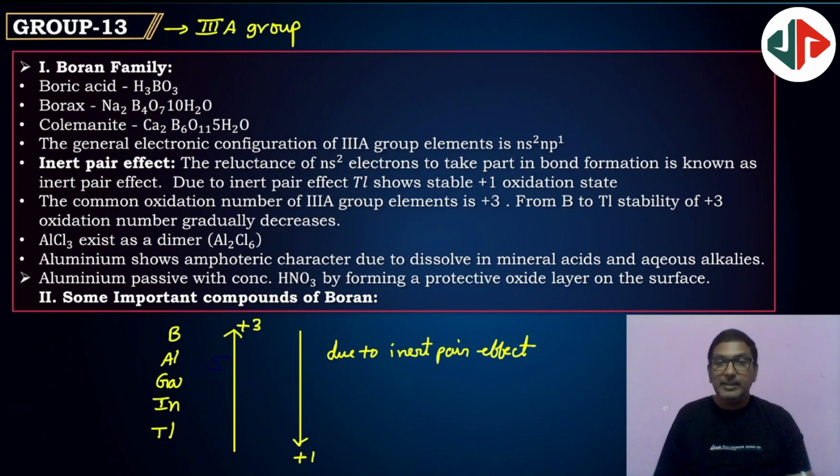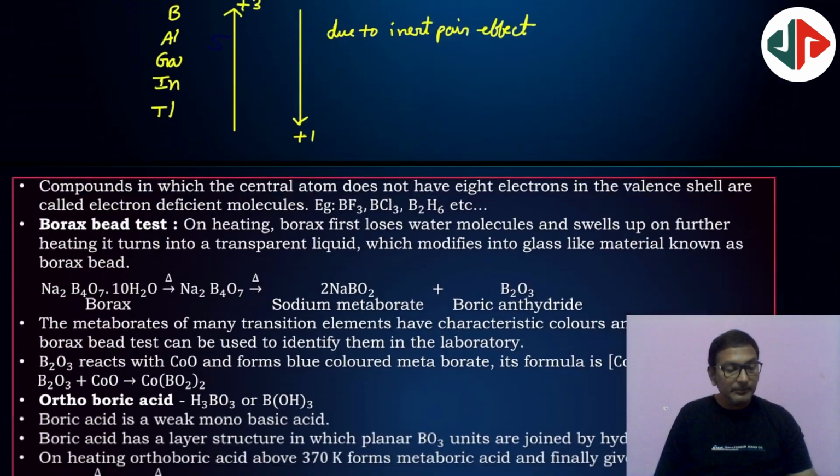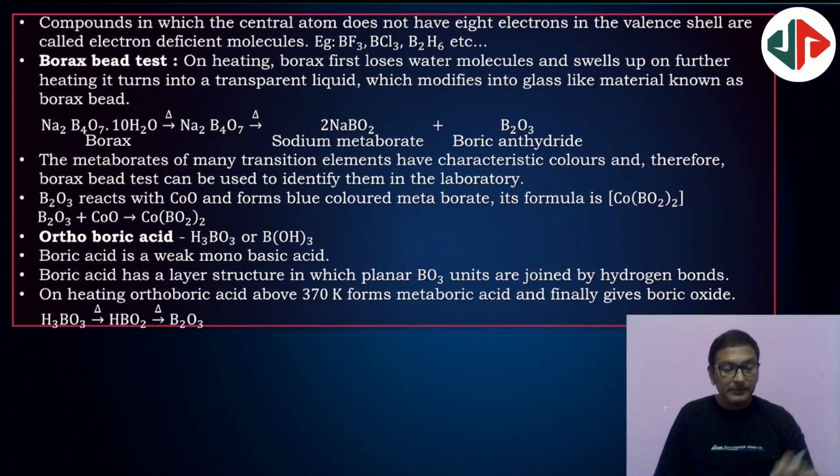So passive means inactiveness. Next, the electron deficient nature of boron compounds. Compounds in which the central atom does not have 8 electrons in the valence shell are electron deficient compounds, having less than an octet of electrons. Examples are boron trihalides and diborane B2H6. We'll discuss later.